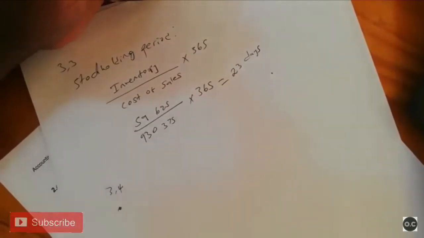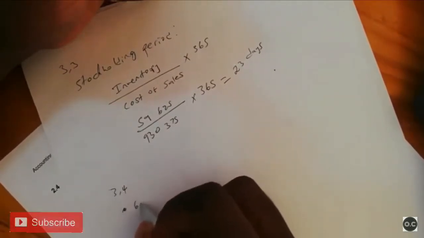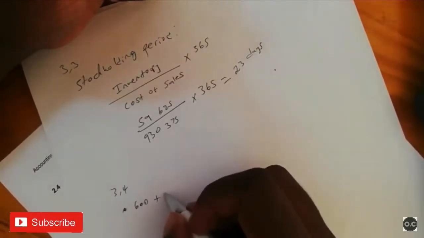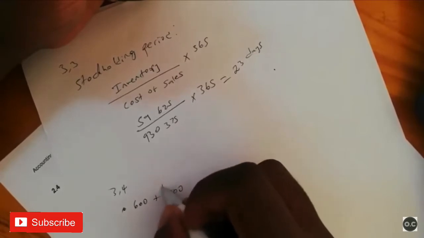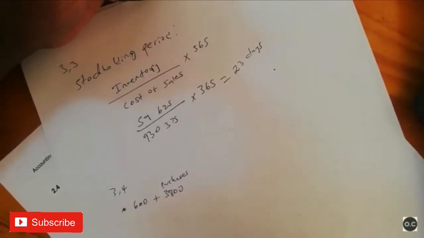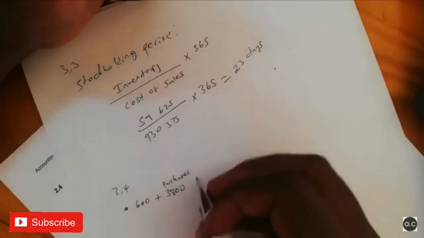You're going to say, okay, for the lamps at the beginning of the year, we had 600 of them. We bought 3,800. So these are purchases. Now you're looking at units, not value. Remember, we want to see the number of lamps, not the value of the missing lamps. Okay?